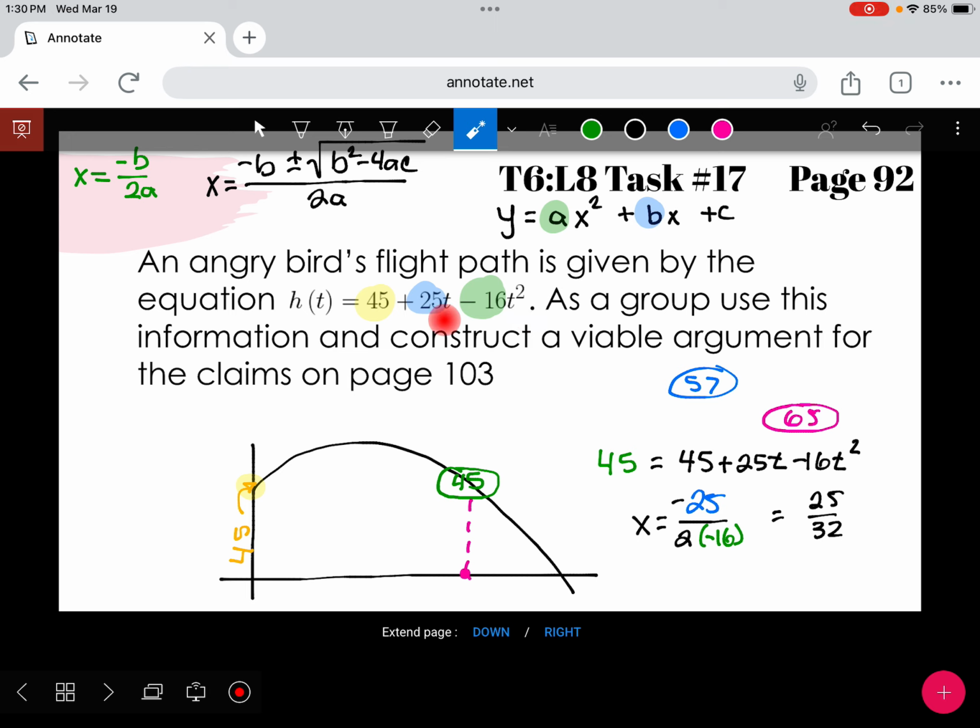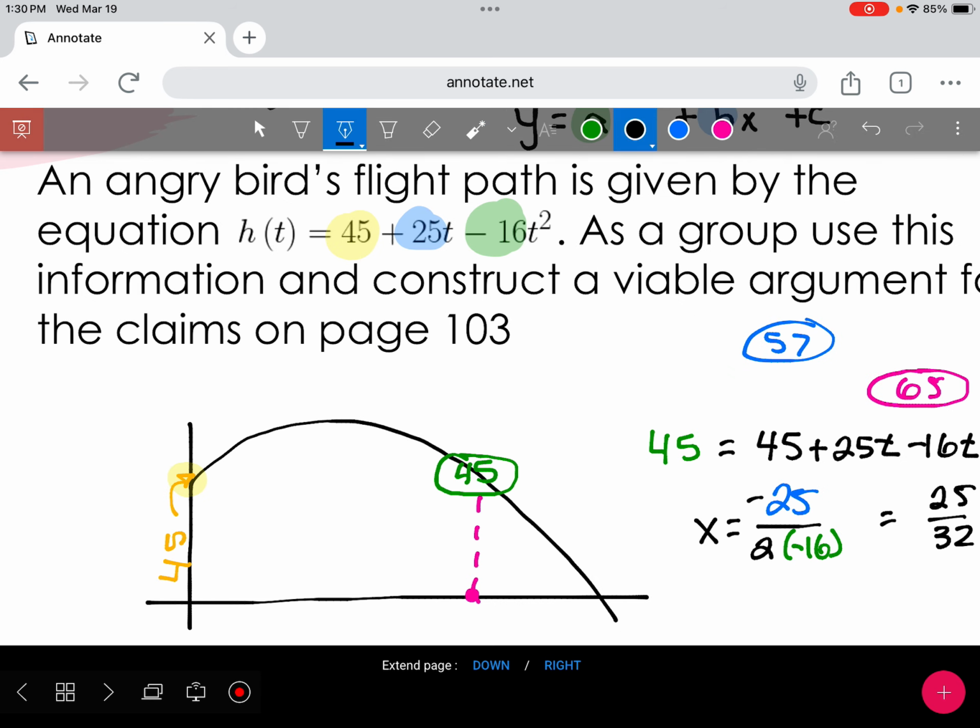But to figure out our height at that vertex, I could substitute it in here. Which I'll do real quick for us. Our vertex would have a y value, I'm just giving it to you here, of 54.7.